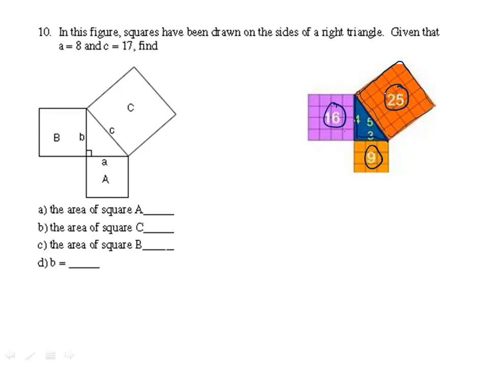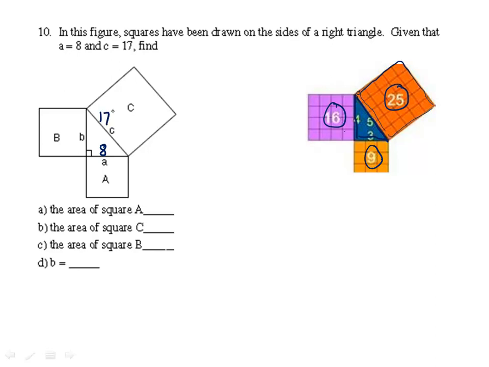So if I know 2 out of the 3 areas here, I should be able to figure out the third. All right, so let's mark this other figure up, given that A equals 8. Okay, so this is 8. And C equals 17.